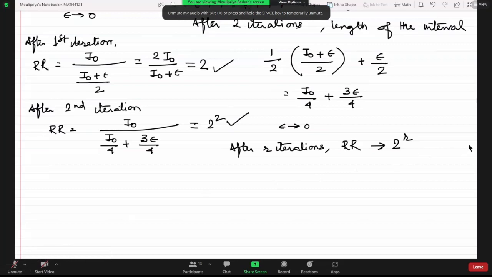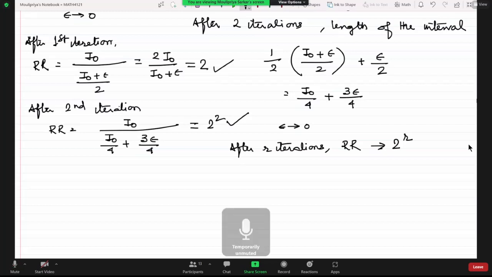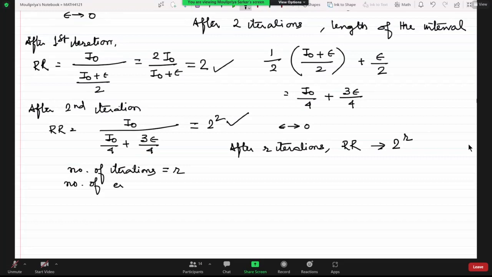Acha. Now tell me one thing. As I said, in a single iteration, we are doing 2 evaluations. Are we okay with this? In a single iteration, we need 2 evaluations. That implies if I say that the number of iterations is equal to r and the number of evaluations is equal to n, then can I say that n is equal to 2r?